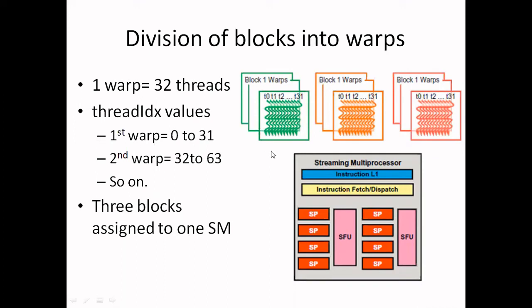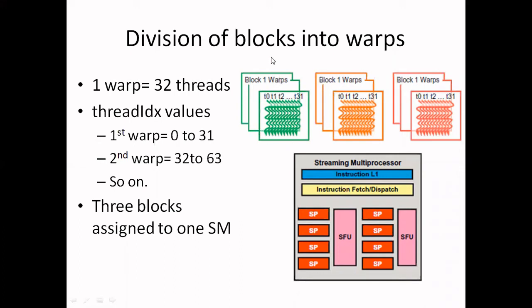If we are assigning 3 blocks to one streaming multiprocessor, we will need a scheduling algorithm. This scheduling algorithm will help us decide which blocks should be executed and how to schedule these blocks. Before that, I am telling you that these blocks are divided into warps as well.